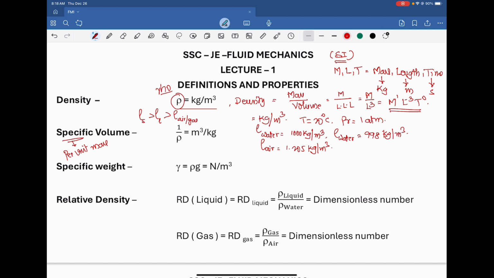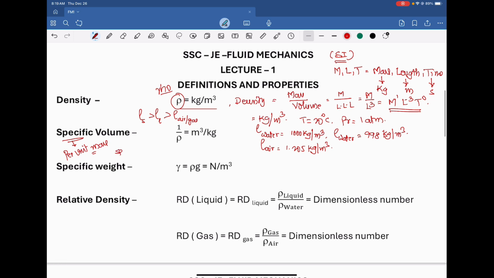Specific heat is kilojoules per kg. Specific volume is per kg. Specific energy is per kg. Specific deals with per unit mass.